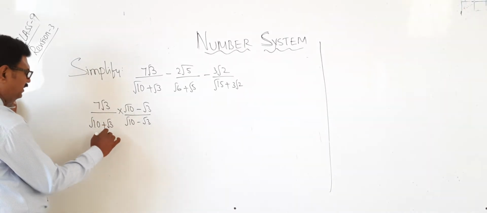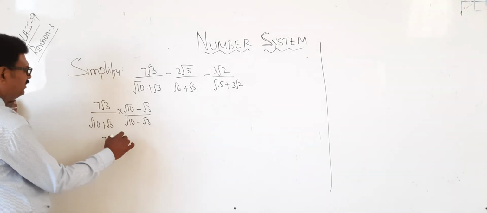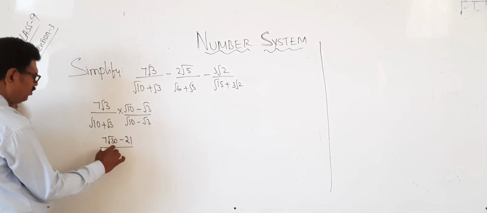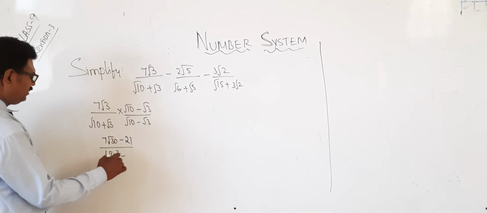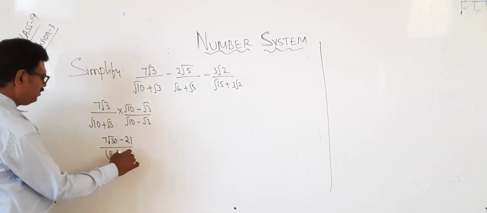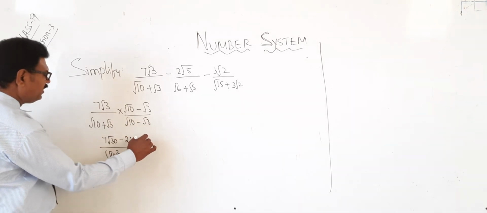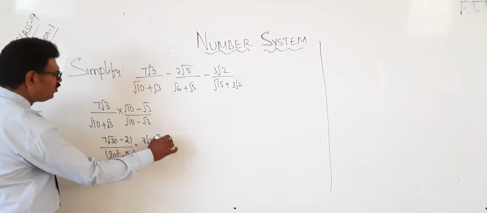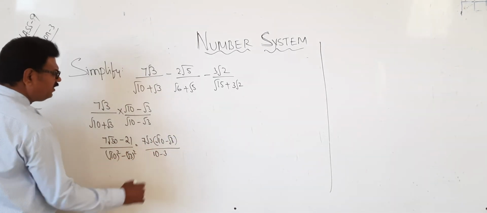7 into root 30 minus 21 divided by root 10 whole square minus root 3 square. It is nothing but equal to, you can write like that only, 7 root 3 into root 10 minus root 3 divided by 10 minus 3.